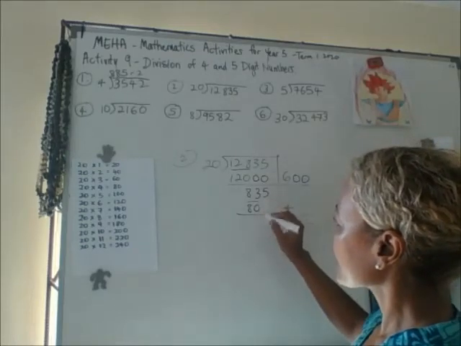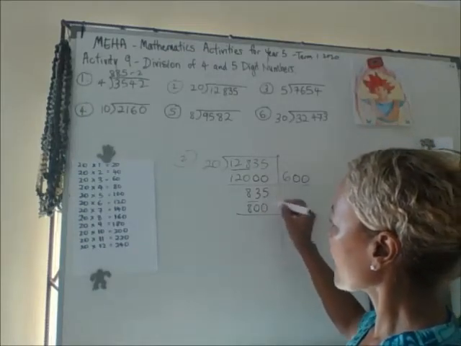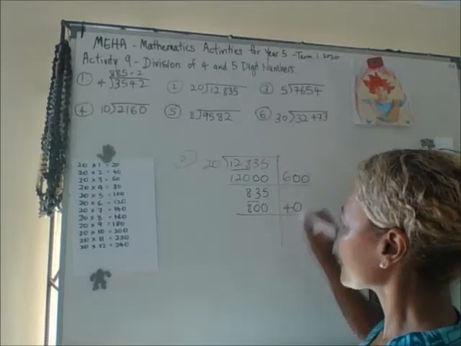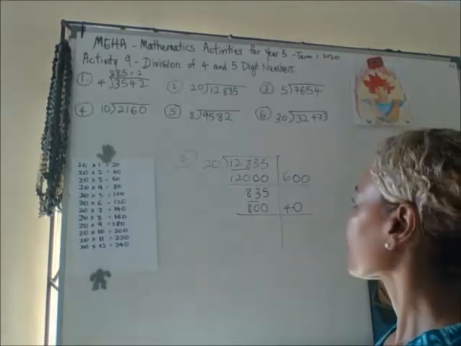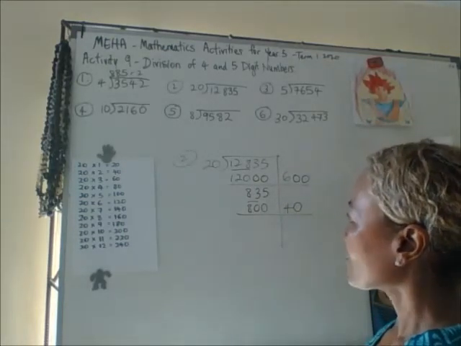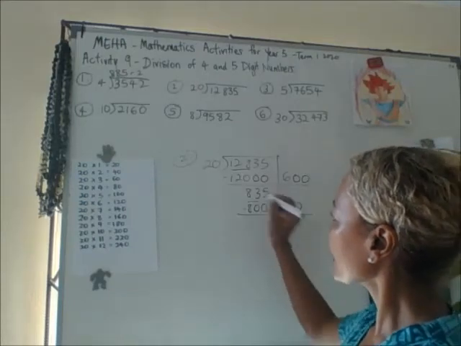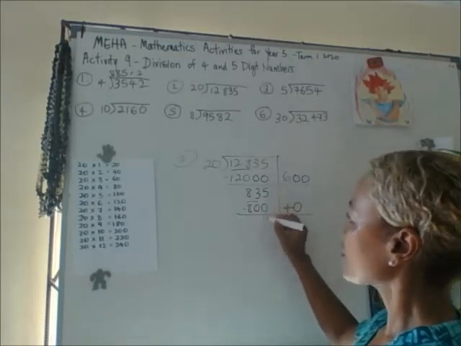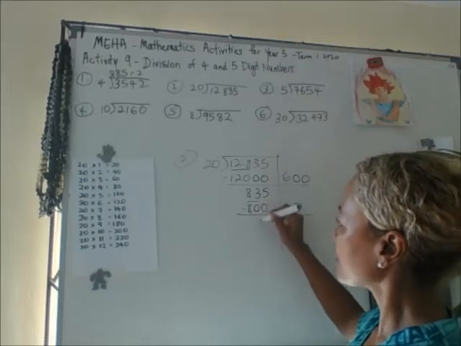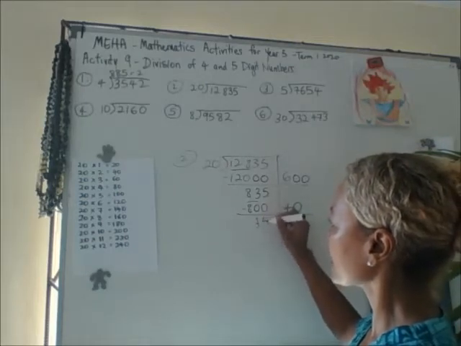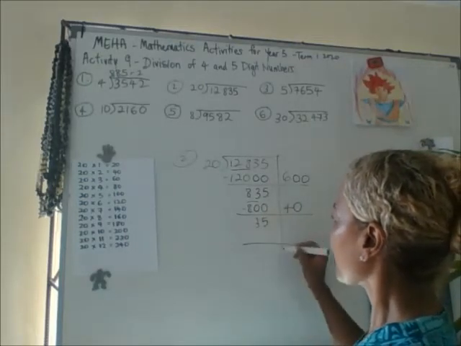Now we need to make this 3 digits. Add a 0 here. Do the same thing over here. Okay. If we're subtracting that, 5 minus 0 is 5, and 3 minus 0 is 3.